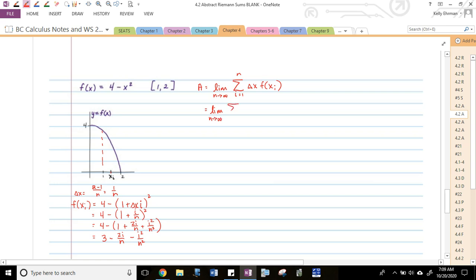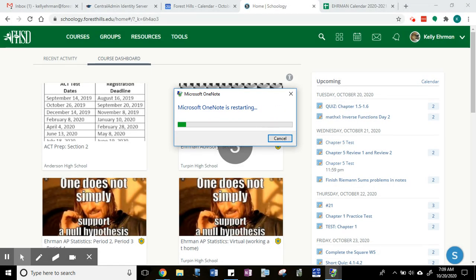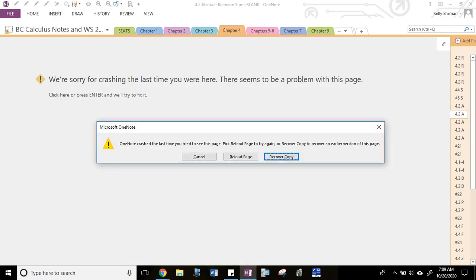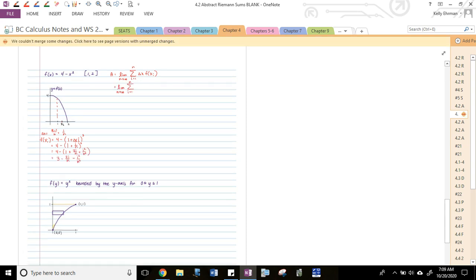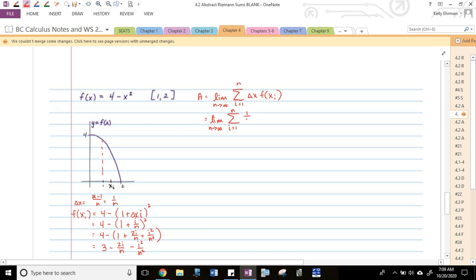For delta x, we have 1 over n. For f of x sub i, we have 3 minus 2i over n minus i squared over n squared.